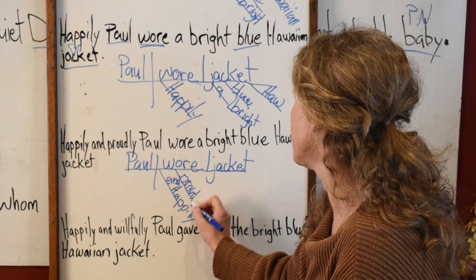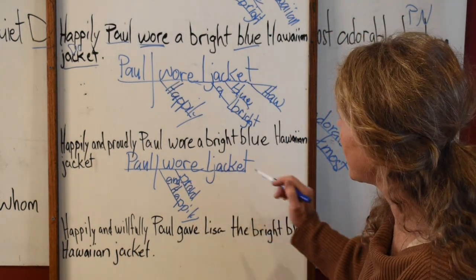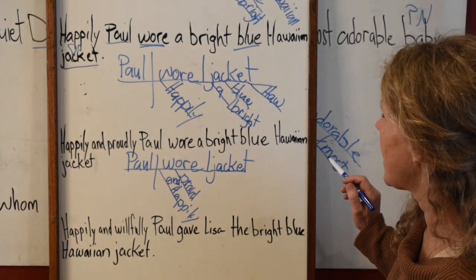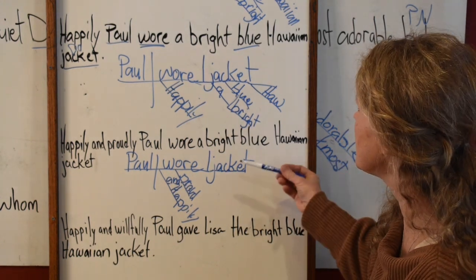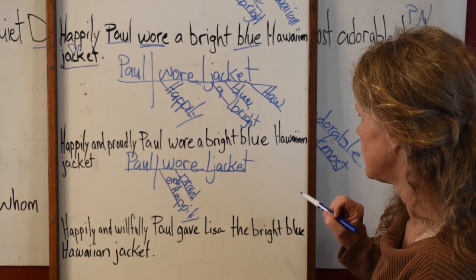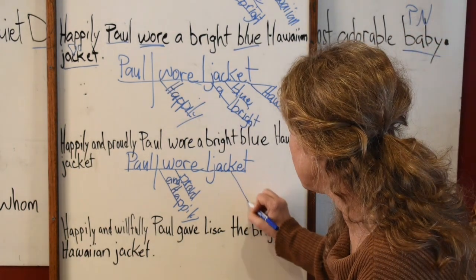Sorry, you guys. Anyways, that's our word. So now we're going to go over here to the predicate side, and we have an adjective describing the direct object jacket. What is it? Blue. Hawaiian. Okay, we have Hawaiian.